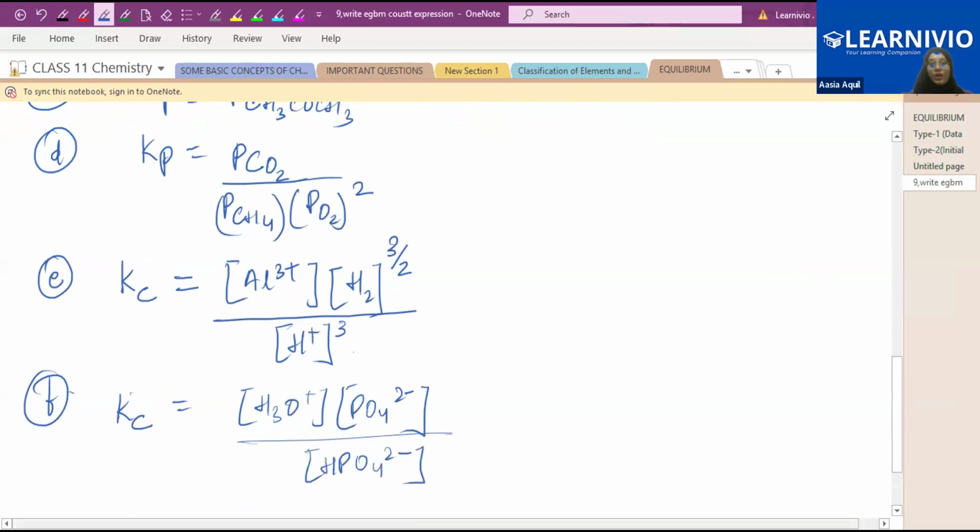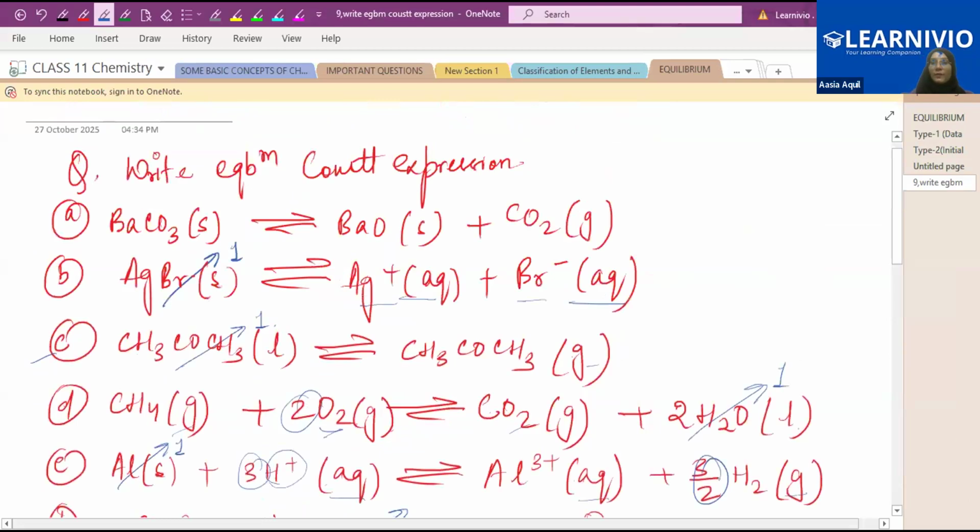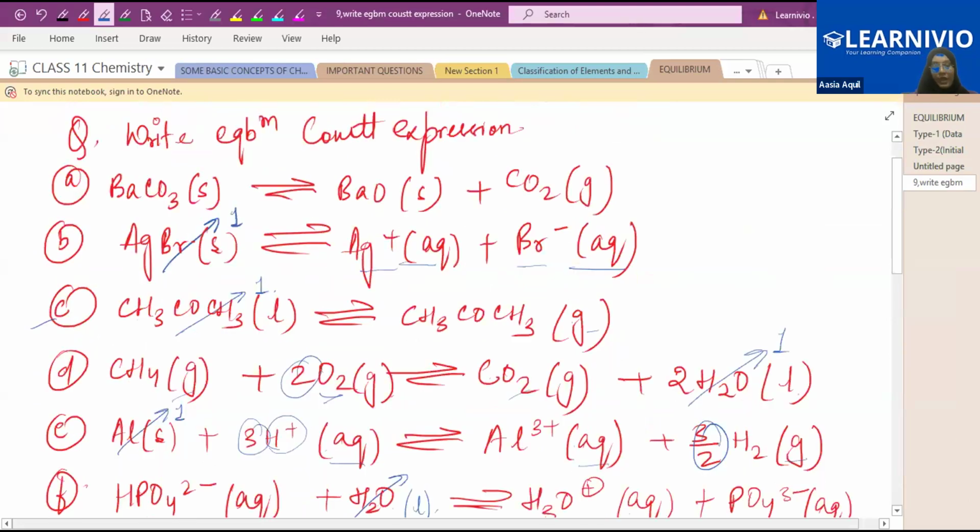So that's how we write down the equilibrium constant expression. Now you are able to write any type of equilibrium expression using the reaction.